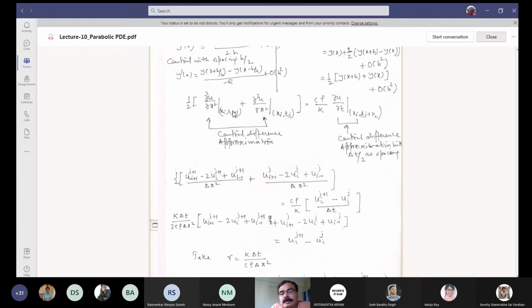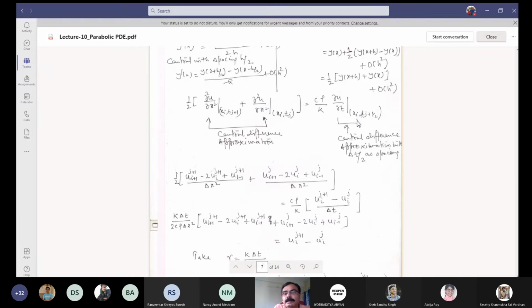Then we'll use the central difference approximation for del 2 u by del x square at x_i, t_j. So j is fixed now. This will be u_(i+1)^j minus 2 u_i^j plus u_(i-1)^j divided by delta x square, which equals 1 by k times del u by del t. For del u by del t, we have used the central difference approximation with delta t by 2.